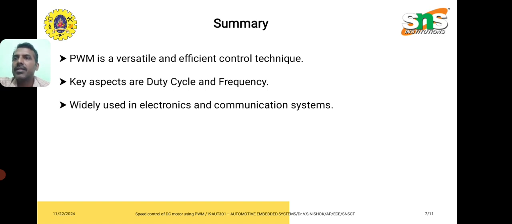Coming to the summary, pulse width modulation is a versatile and efficient controlling technique when compared to the other previous methods, and the key aspects are duty cycle and frequency. The duty cycle decides how much time the device will be on and how much time it will be off, and how the output should be is taken care of by the frequency parameter. It is widely used in electronics and communication systems.